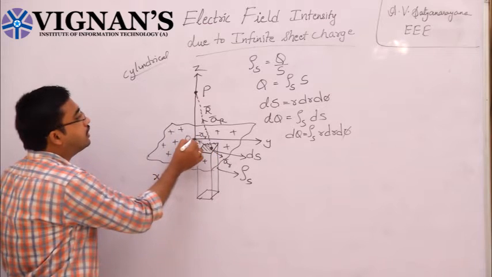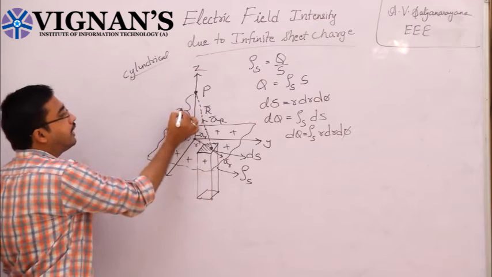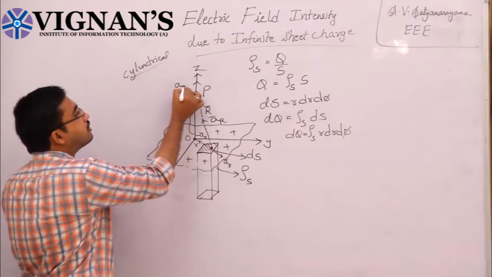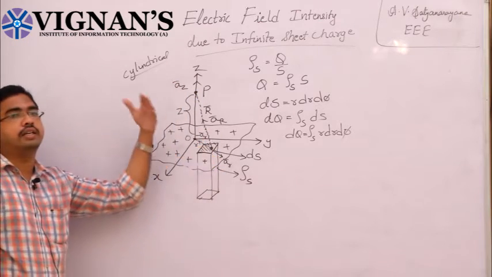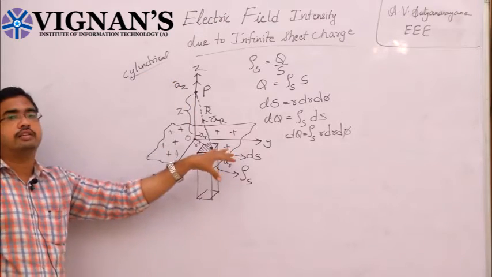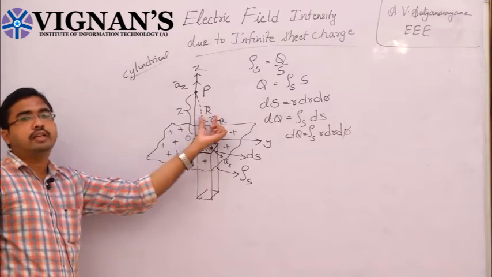So from the origin, the distance to point P we take as some z, and the unit vector in this z direction is az bar. Okay. All these assumptions we have already dealt with in the cylindrical coordinate system introduction. We are just keeping those assumptions here. Now, how to express the distance vector r bar?